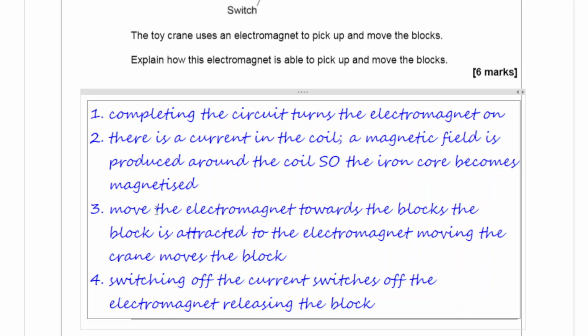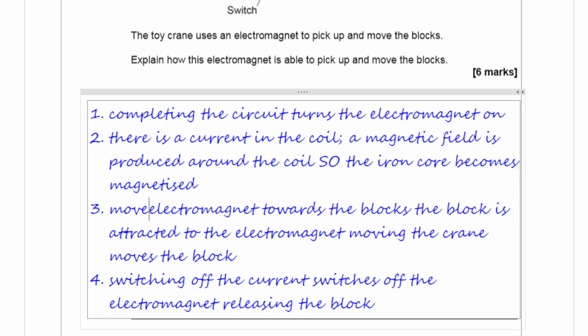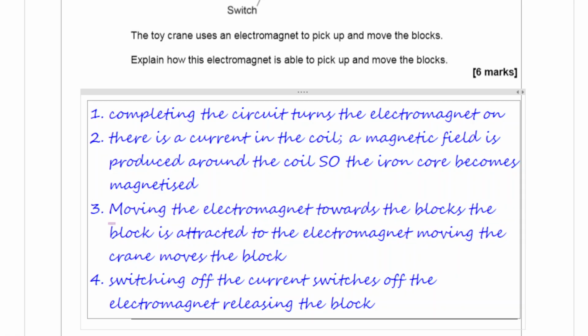Moving the electromagnet towards the blocks, the block is attracted to the electromagnet. Moving the crane moves the block. Switching off the current switches off the electromagnet, releasing the block.